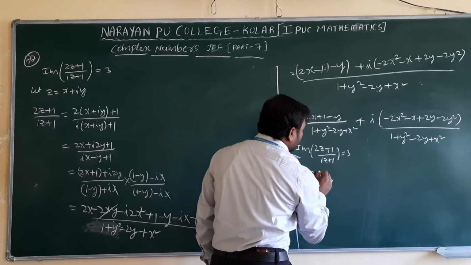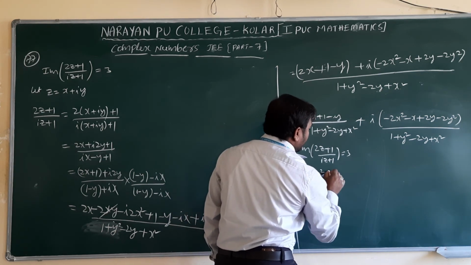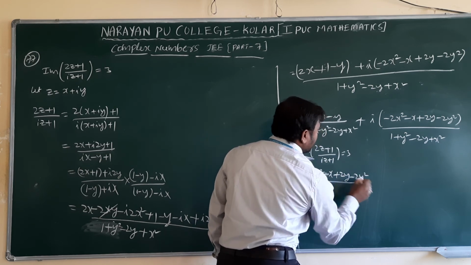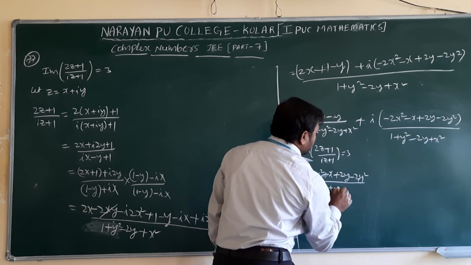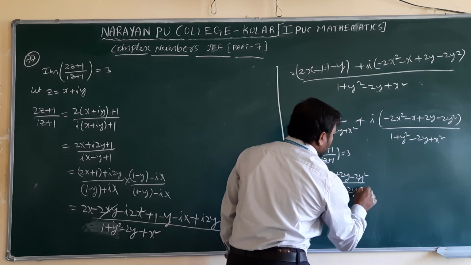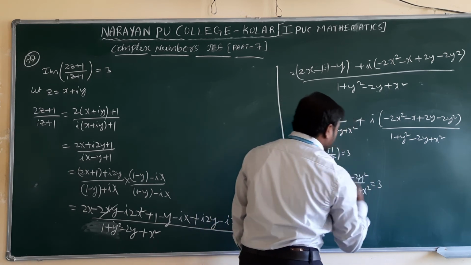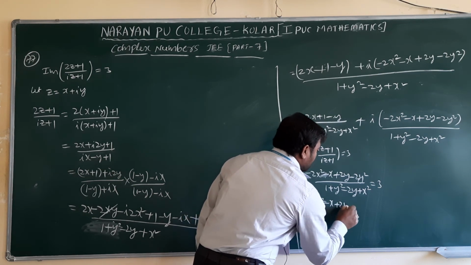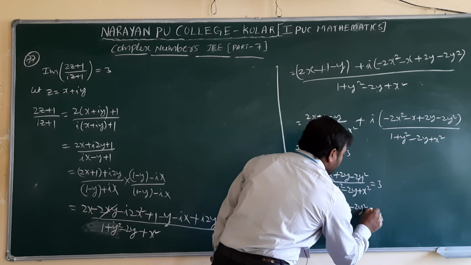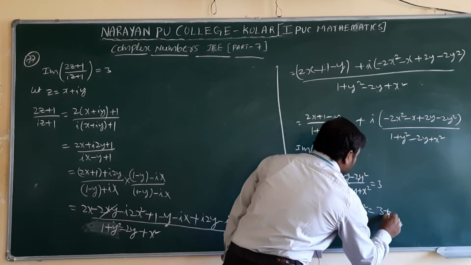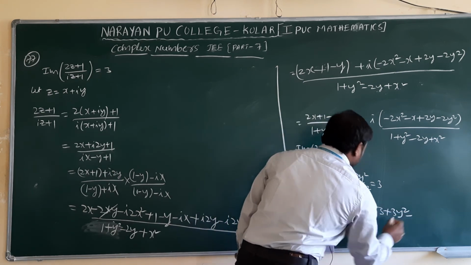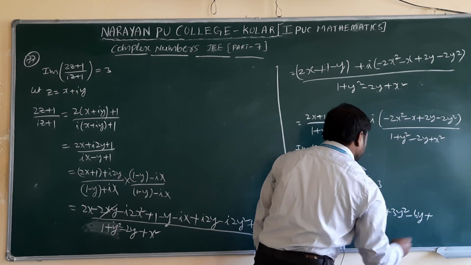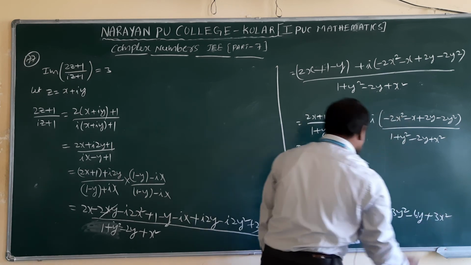We get (-2x² - x + 2y - 2y²)/(1 + y² - 2y + x²) = 3. Cross multiplying, -2x² - x + 2y - 2y² = 3 + 3y² - 6y + 3x².